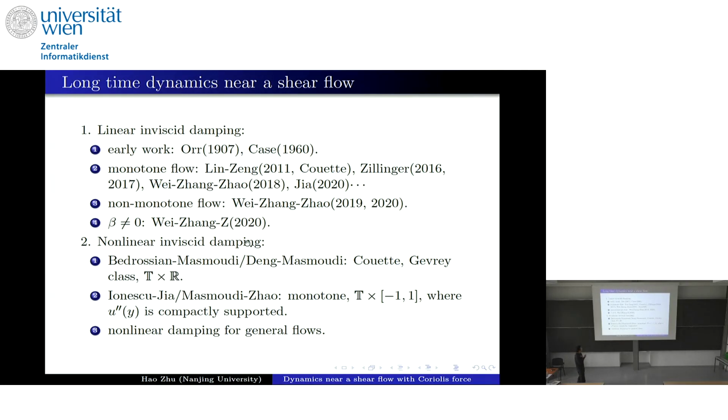So in this work, there is an important assumption that the linearized operator should have no embedded eigenvalues. Here, the linearized operator is in the form of the stream function, and the essential spectrum is the whole range of U.